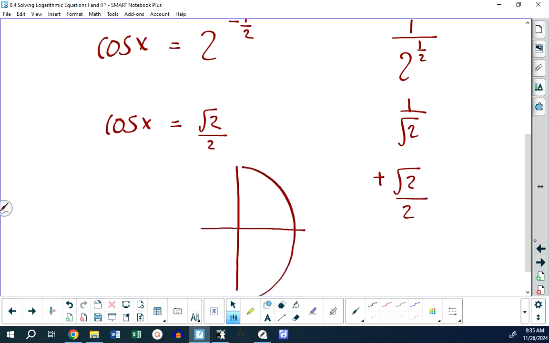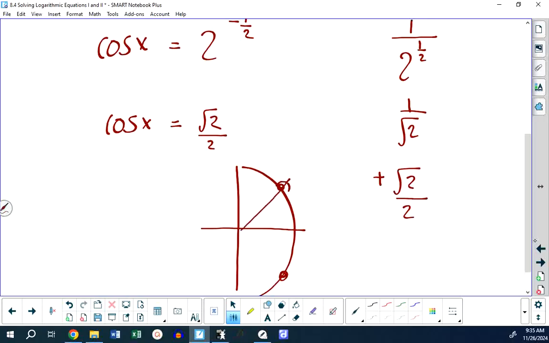Which is at these pi over 4 reference positions here and here. And I knew I made a mistake, and this is a learning thing for you too, because I was about to explain what I would think to double check. Cosine is the x coordinate, so I'm looking at the 2 points where x is positive, which is over here in quadrant 1 and 4. So as soon as I said quadrant 1 and 2, when I started running that through my head, I went, no, that's not right, 1 and 4.